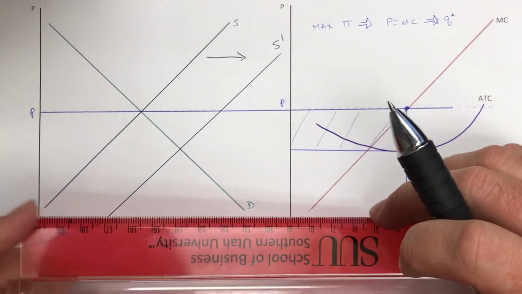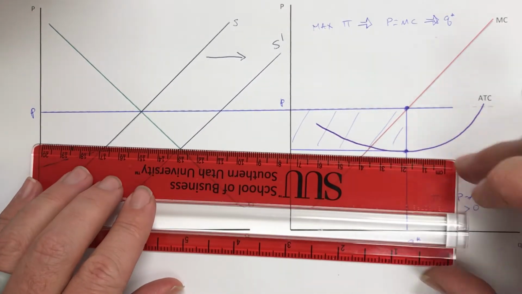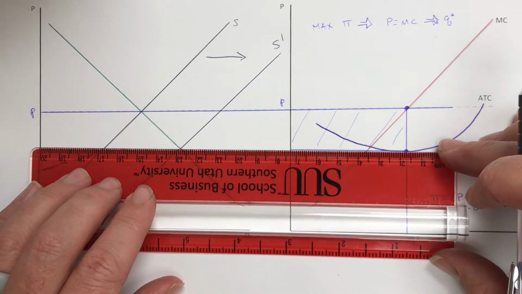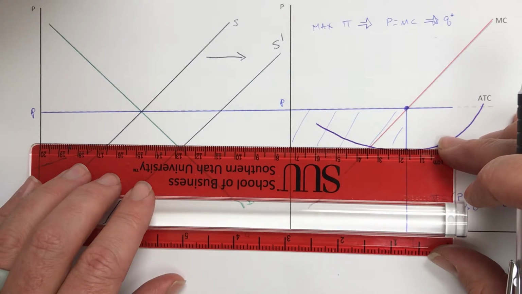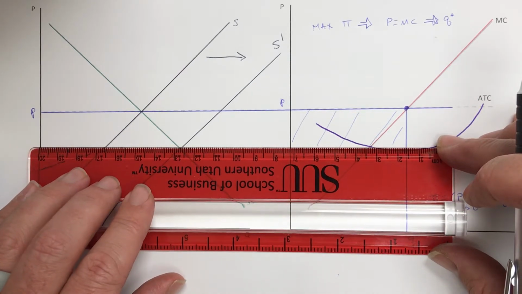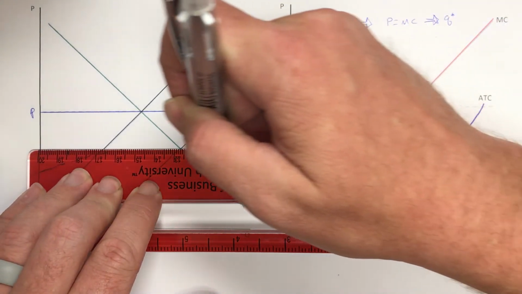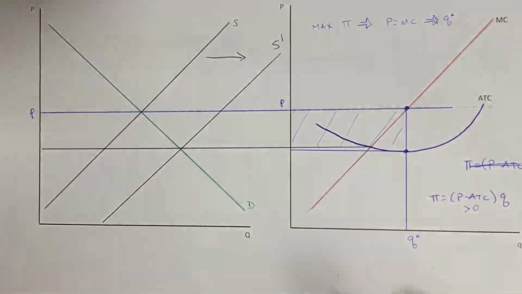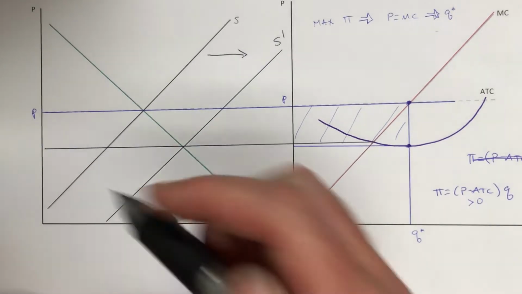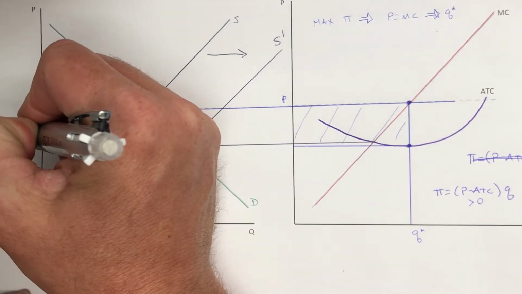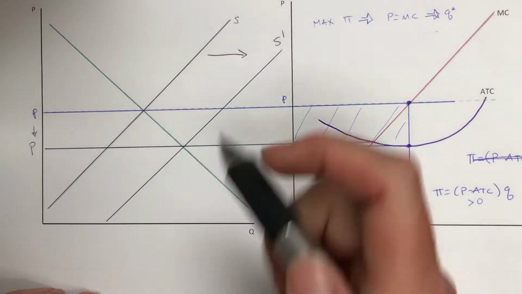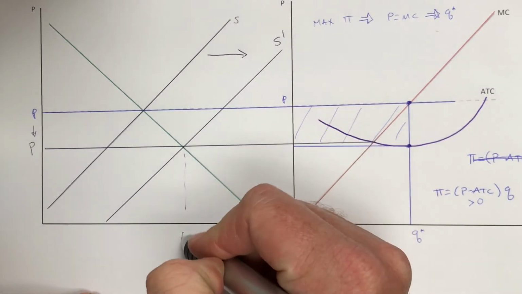And that new supply curve is going to enter until we get this new price. So as we see entry into the market, the price is going to go down, but will be at a new equilibrium, a higher quantity.